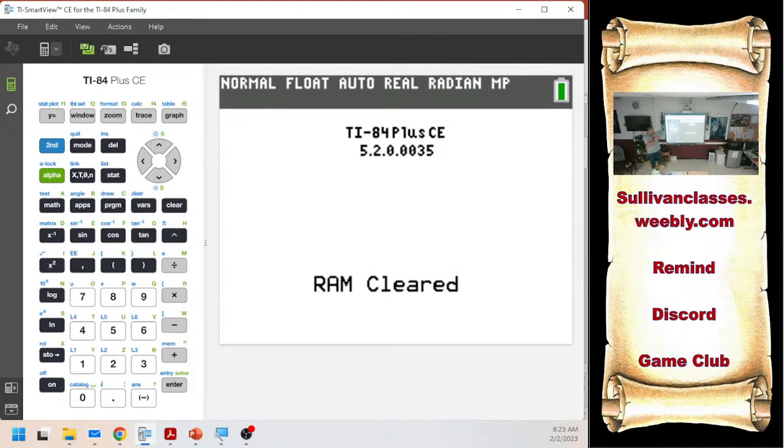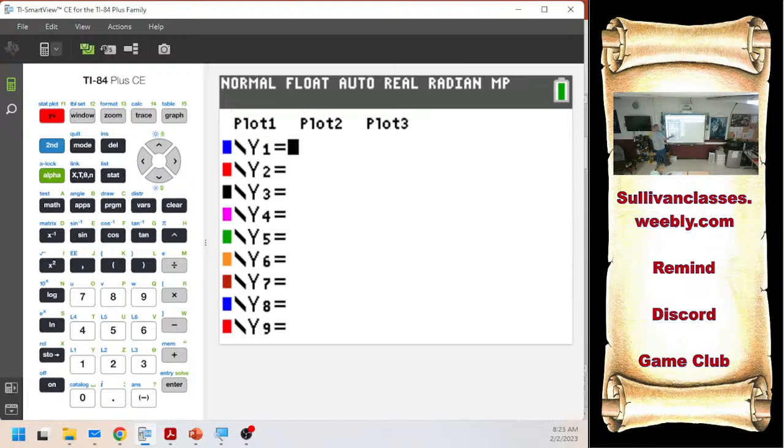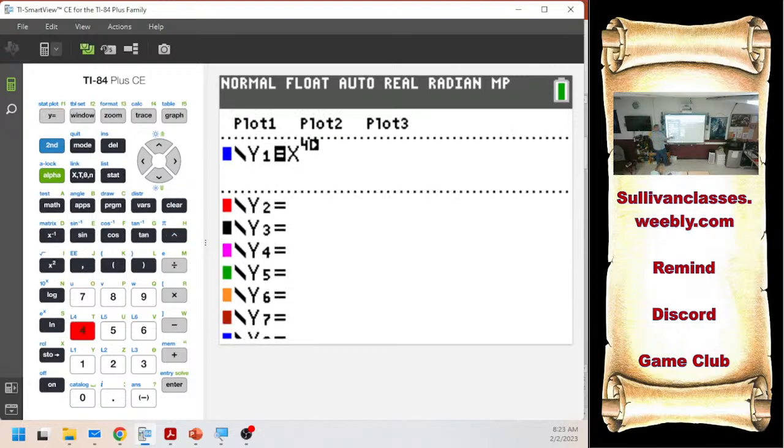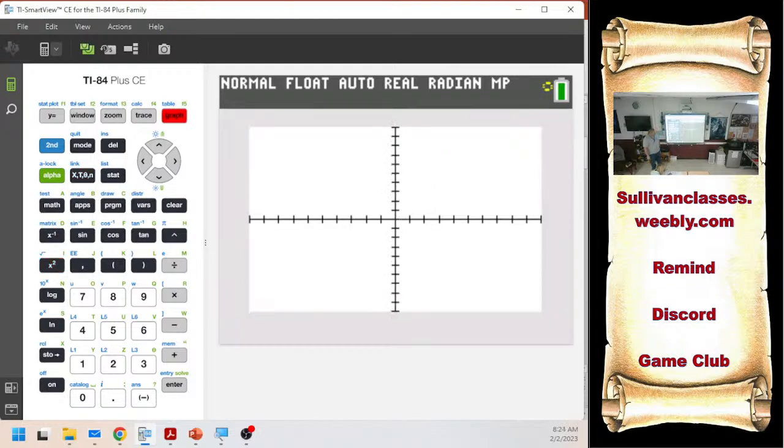Maybe you have no idea what that thing looks like, so you toss it in a calculator to see what it looks like. Equivalent to graphing by table. I go y equals. I got x to the fourth minus 8x squared. And I graph it, and I see a W.